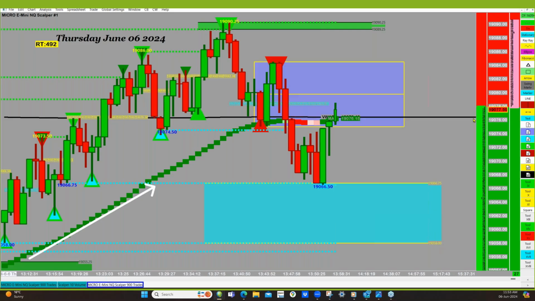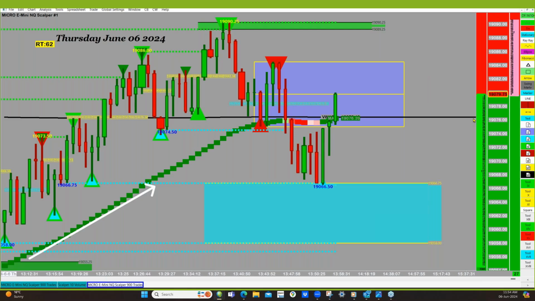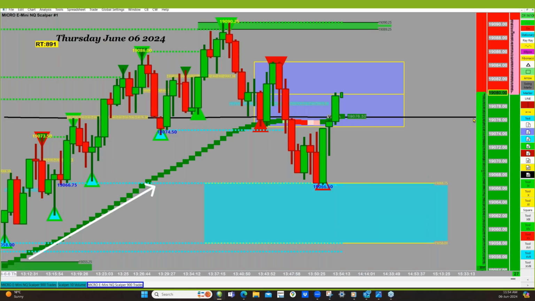Now, this can make a huge difference in your trading once you see this repeatedly throughout the day, because that's all the price action, all the market does is put in swing highs and lows. So other than your price action candle, the most important thing on your chart is a swing high and a swing low.